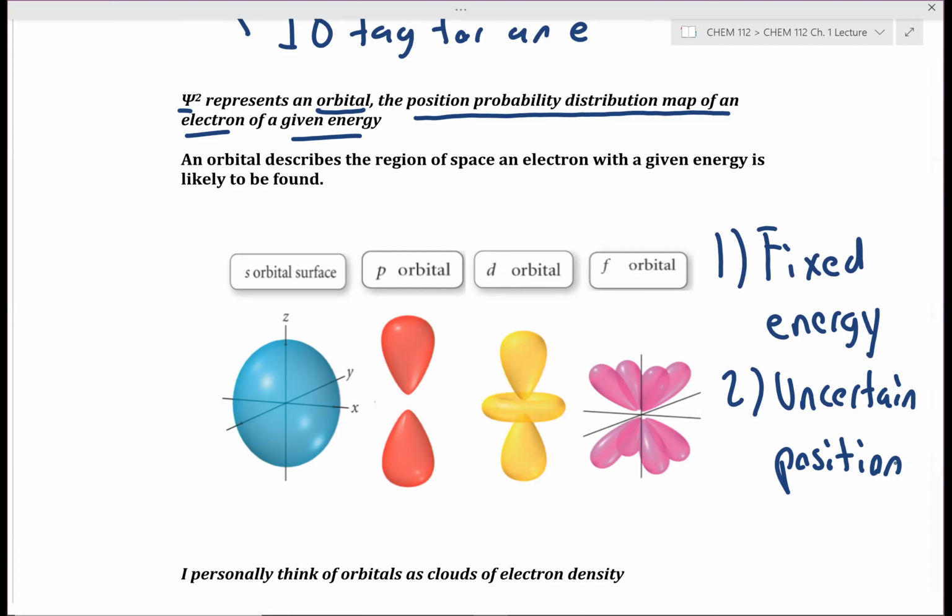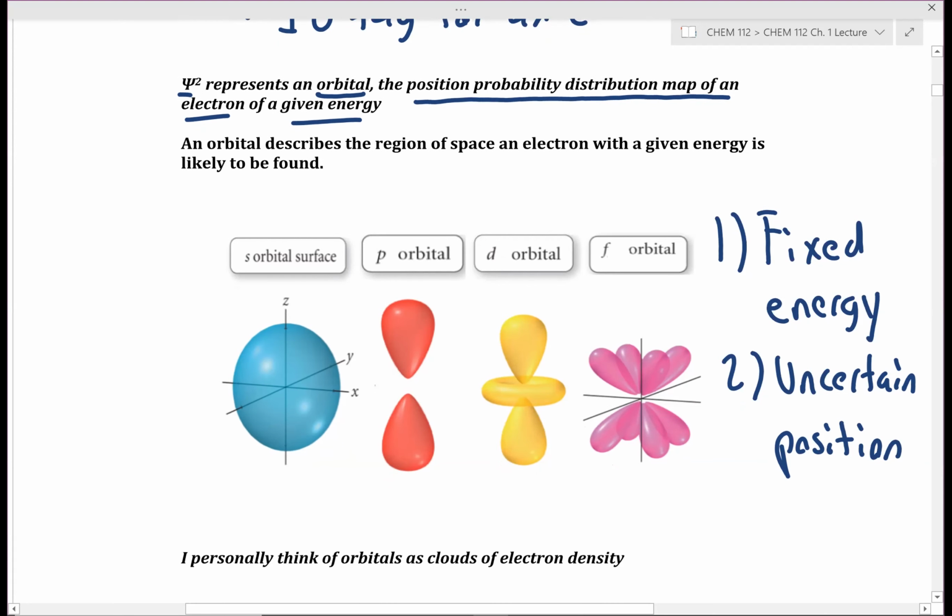Okay, so we've gotten a little bit closer to describing our electrons in a useful way. We now know the relative region of space an electron of a given energy is likely to be. And from this, we can start to describe electron interactions. Does that make sense? Okay. Now, as you see, different orbitals have different shapes.